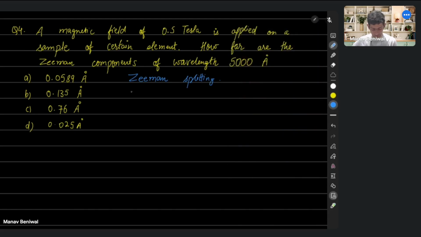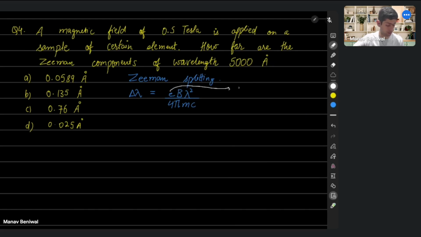I'm going to use the formula directly, and the formula is delta lambda, which is the separation in the split spectra, given by eB times lambda squared divided by 4 pi mc. Again, we discussed this in the last session.